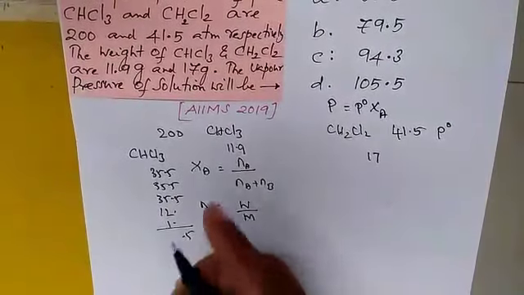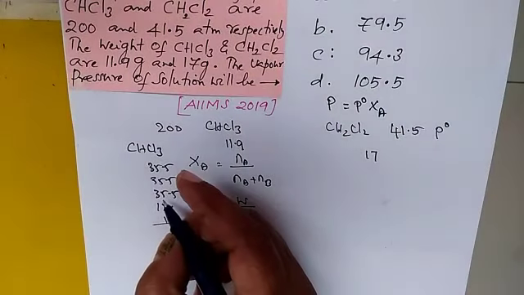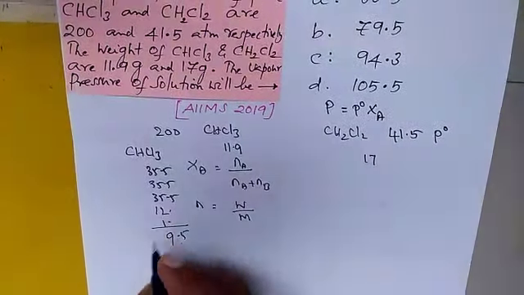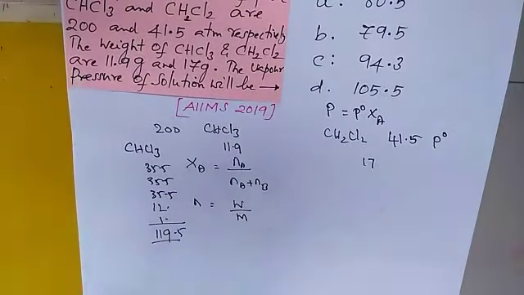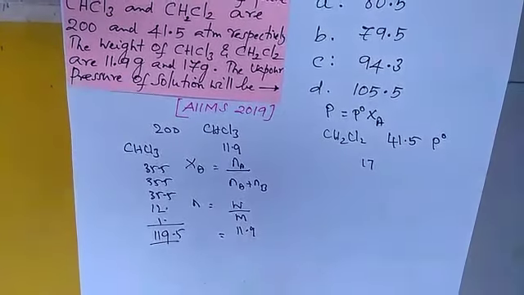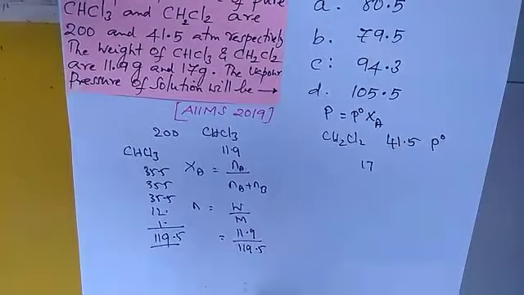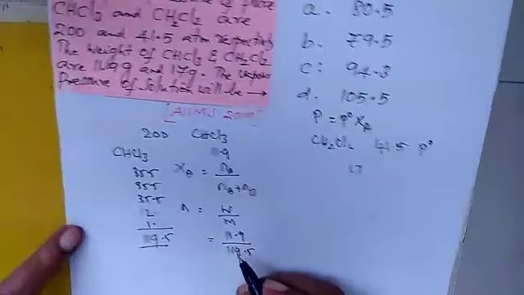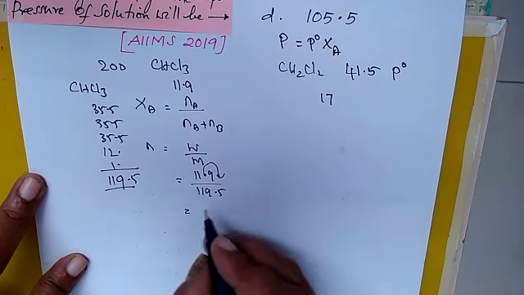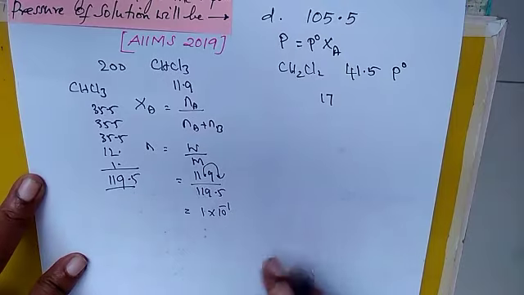This is your molar mass. Here the given weight is 11.9 and the molar mass is 119. On simplification, we get 1 into 10 power minus 1.